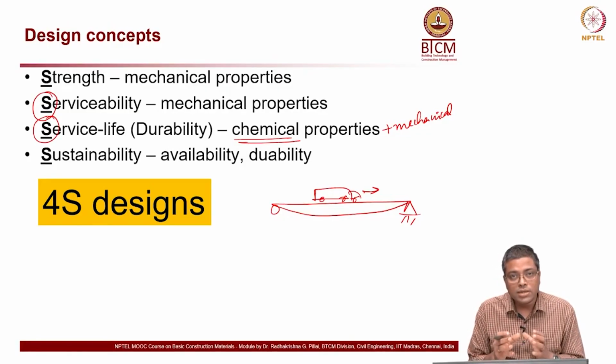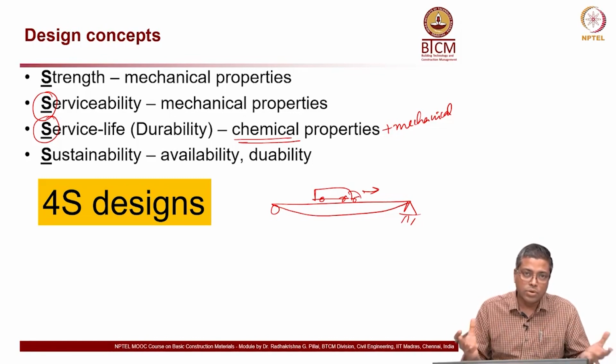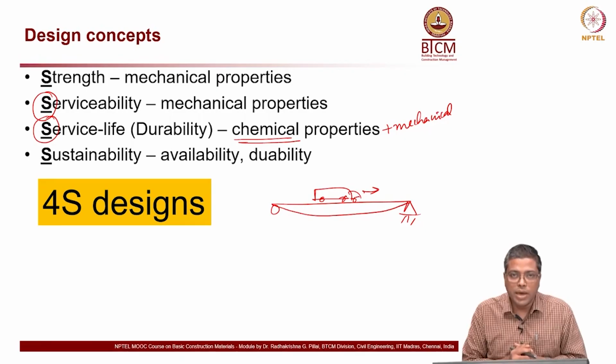So, we look at the interaction between the steel and concrete in a particular environment, whether steel will corrode or not. So, there is essentially an electrochemical feature which we are looking at. I can change the chemistry of the steel and chemistry of the concrete so that I can have a durable structure.